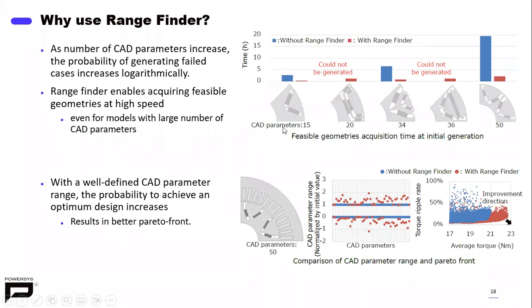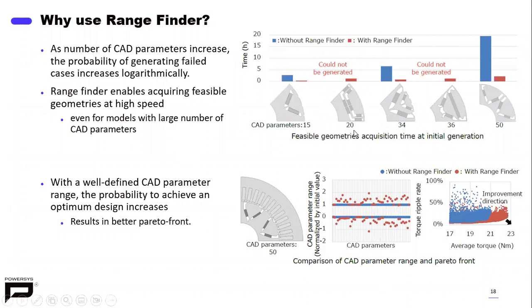For an example of a model with only 15 CAD parameters, the rangefinder cannot be very useful, though we can see that the time taken for the simulation is reduced when we use the rangefinder. Why? Because with the rangefinder, it will eliminate certain cases for which the geometry may break. Then the second example shows a model with 20 CAD parameters.